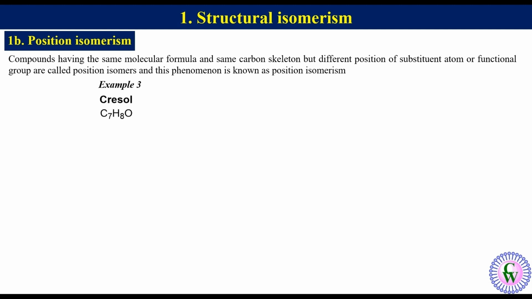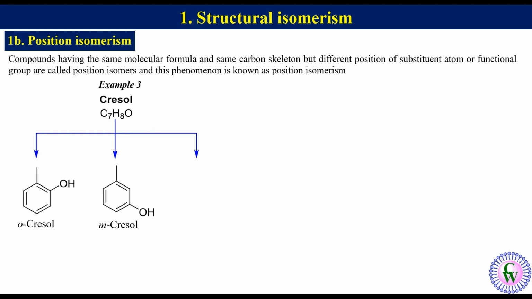Cresol has molecular formula C7H8O. There are three isomers of cresol: orthocresol, metacresol, and paracresol. Here, the skeleton is benzene and the relative position of methyl and OH is different. So, these are also the examples of position isomers.